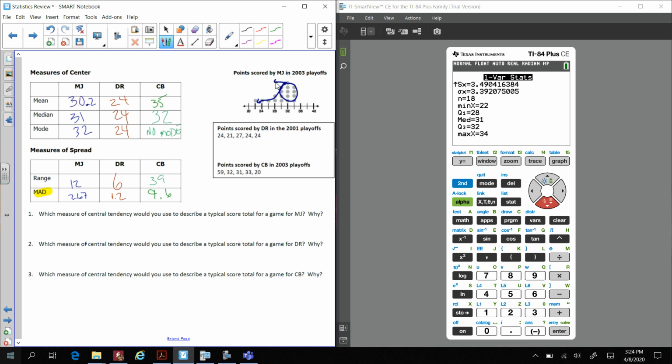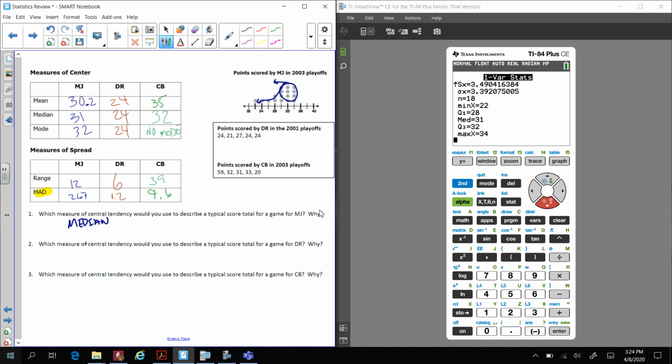It's going to skew our data. So if I want to pick the best one, I don't think that the mean, even though it's fairly close, is the best. I think most of his data is there around 31, 32. So I'm going to pick the median. Why? Because it's skewed to the left. The middle term, 31, really represents to me what is best.